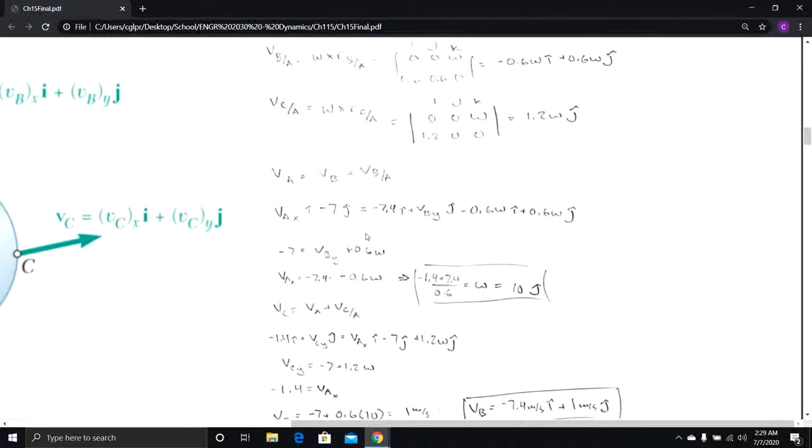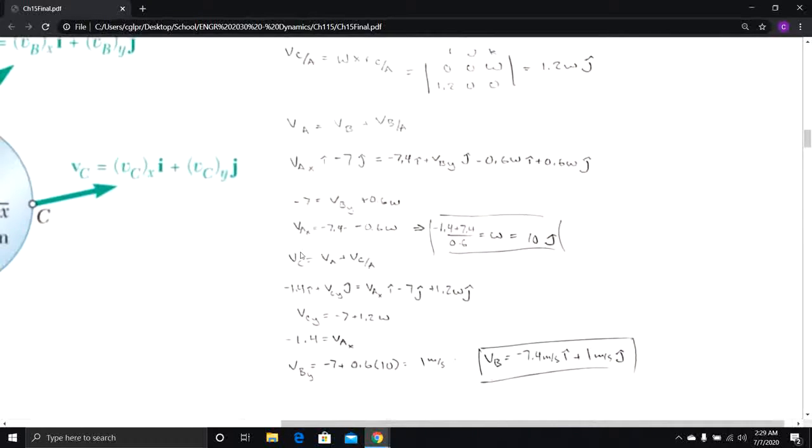And then I can just compare the individual J and the I components. I don't find anything here, so I do it again.